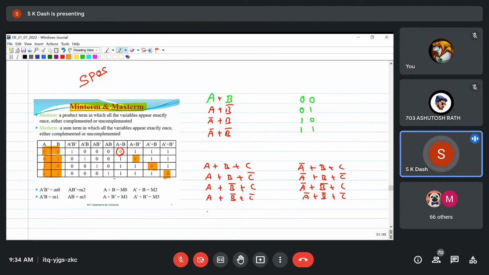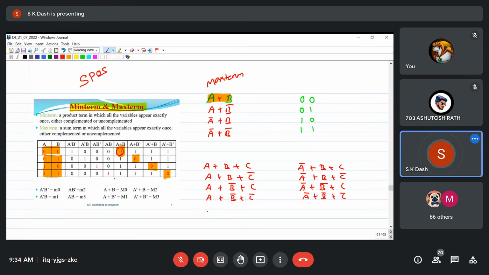For this combination, A bar plus B bar is 0. When we multiply them, only one of the inputs will be 0, and then the output will be 0. This is helpful for us, like we discussed for min terms. These standard sum terms are called max terms.